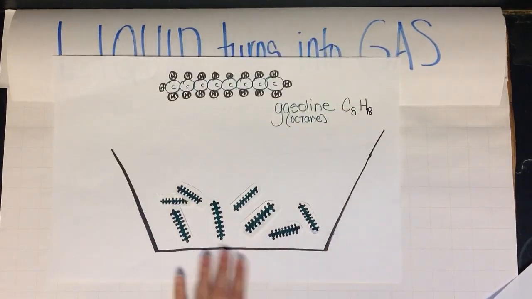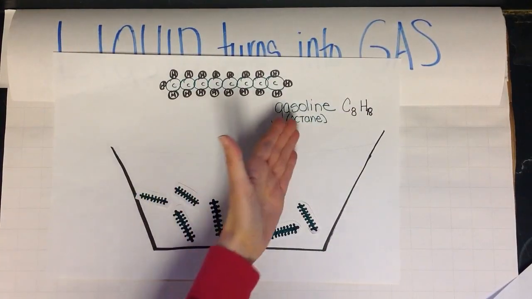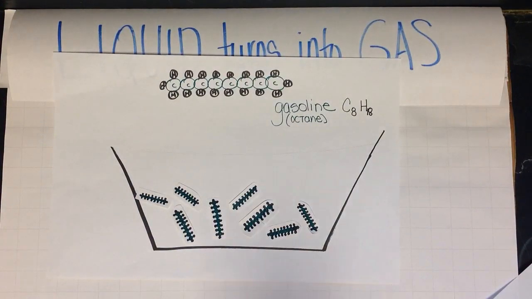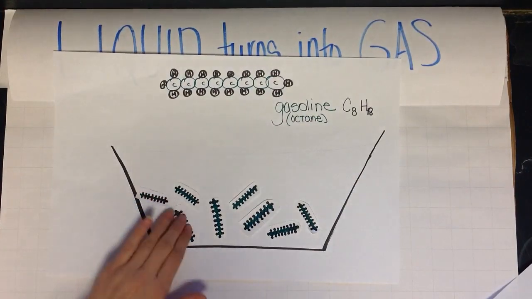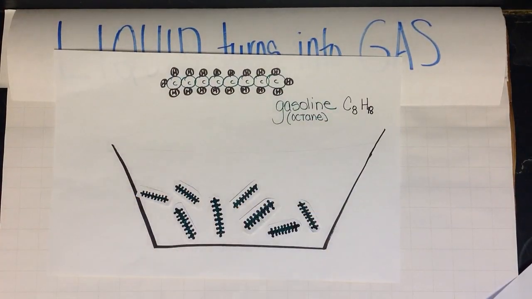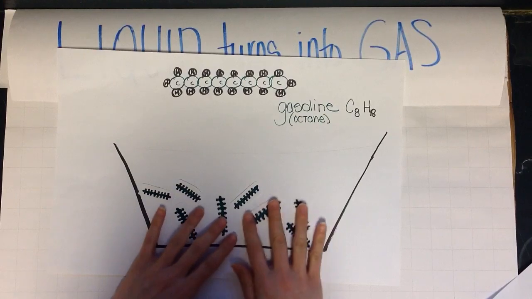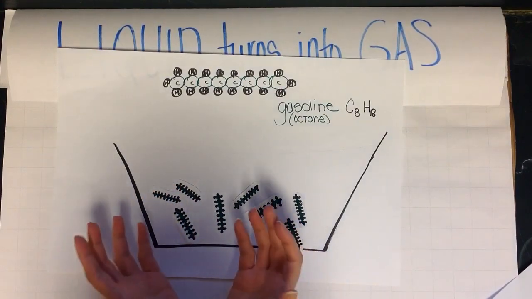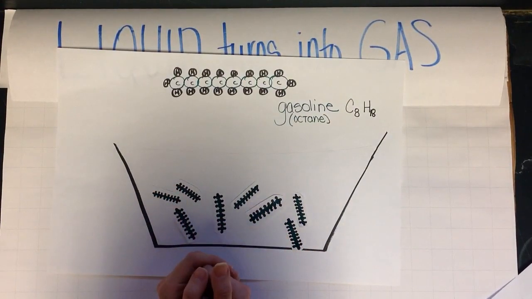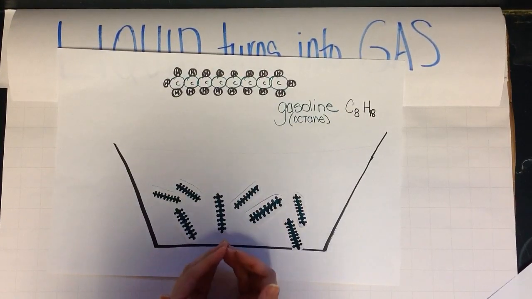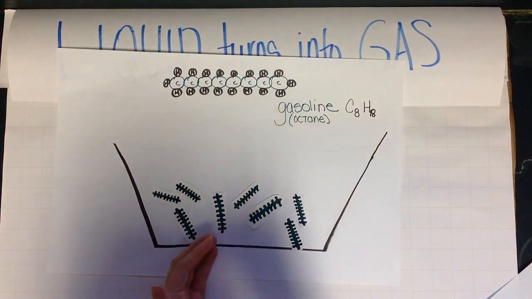Gasoline, seen here, is actually octane, C8H18, a bunch of carbons linked together with hydrogens surrounding them. So I've got a bunch of C8H18 molecules in here that kind of look like caterpillars, and they're liquids, so they're moving around. And again, if they're going to evaporate, you don't necessarily need heat. But remember, when you do add heat, they also can evaporate.